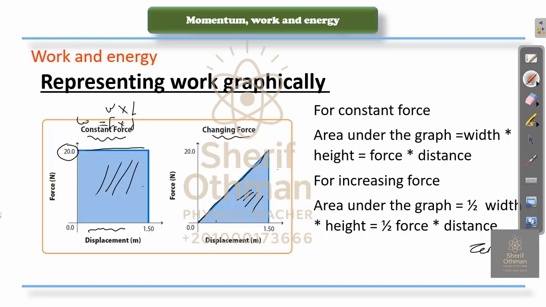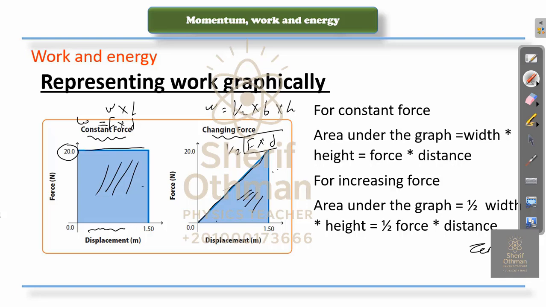The area of this triangle similarly represents the work. So the work is equal to half times base times height. The base is displacement and the height is force. So half force times distance.